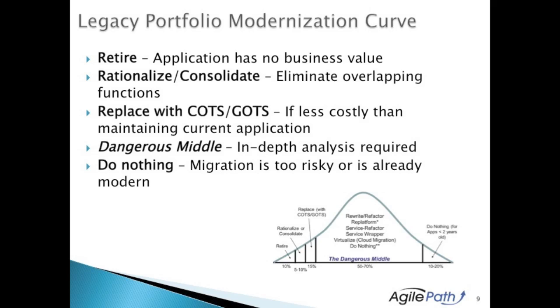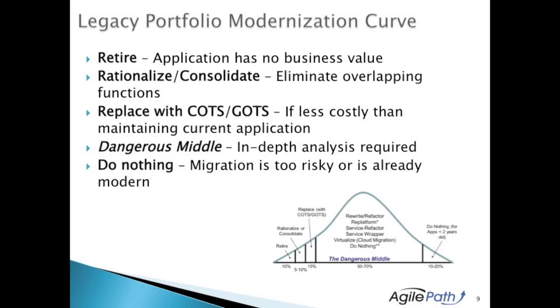Replace with COTS-GOTS is what we've talked about. The do-nothing, we also talked about that. The dangerous middle is the category of the portfolio that has the most risk and is fraught with the most danger. We'll talk about the dangerous middle some more.